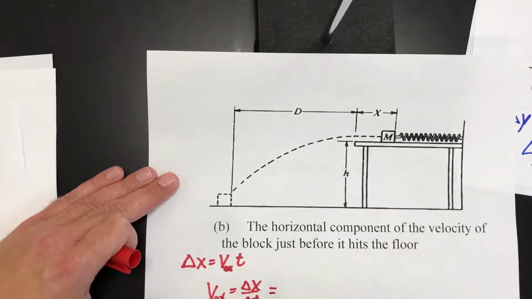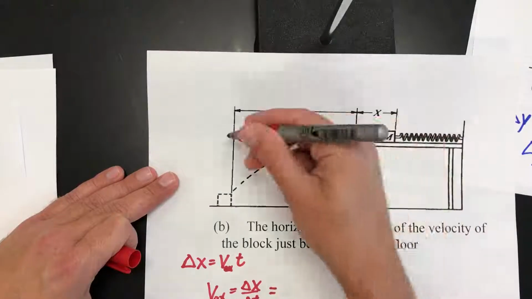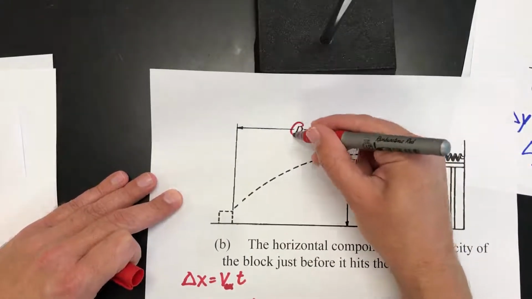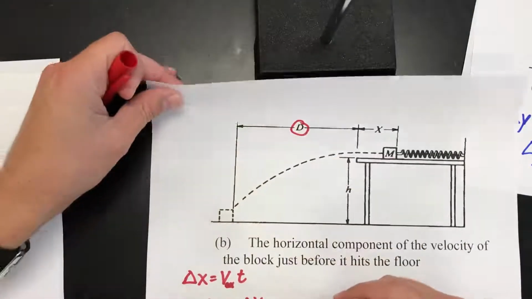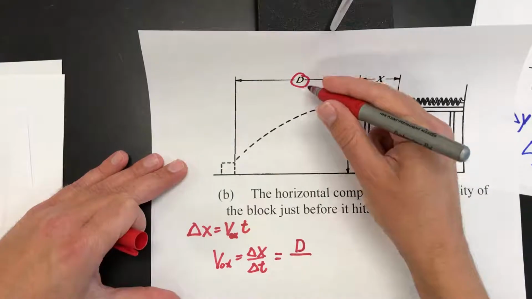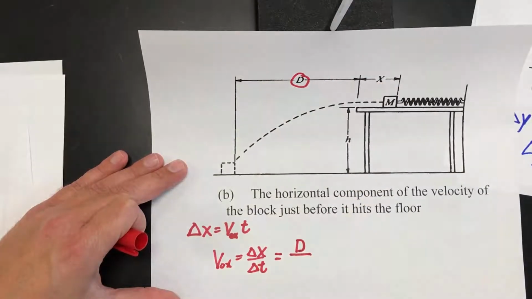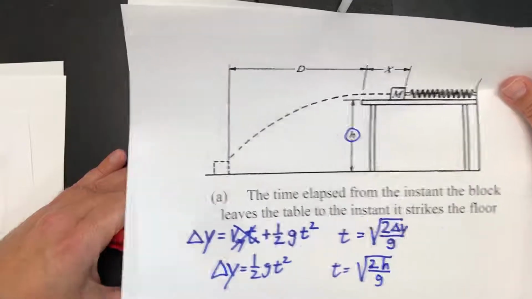So now we need to plug in for each of these variables. Now be careful on what we call the displacement. There'll be a tendency to come up here and just grab x, but that is not the displacement of the projectile. It is this distance from the edge of the tabletop to where it lands. So when we go to substitute in here, the distance is capital D, and the time is the time from the previous one, the time that you solved for right here.